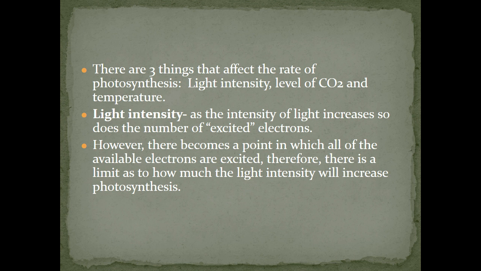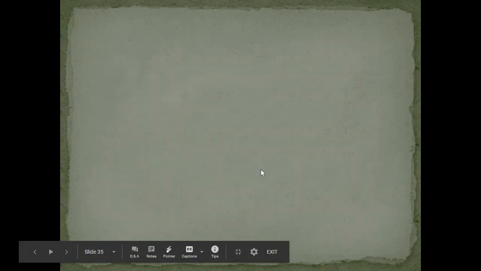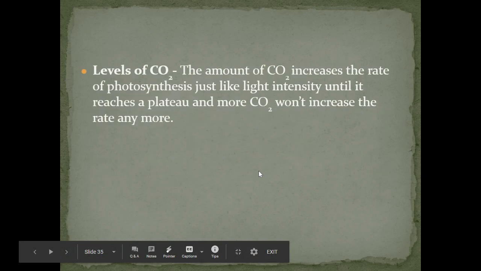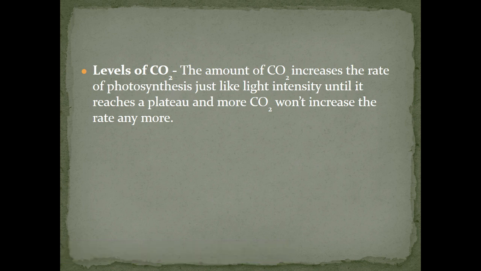So if you have more light, that means there are going to be more excited electrons. There becomes a point at which all the available electrons are excited. Therefore, there is a limit to how much light intensity will increase photosynthesis. So even if you are able to grow something on the surface of Mercury, there is a limit to where the light actually helps.